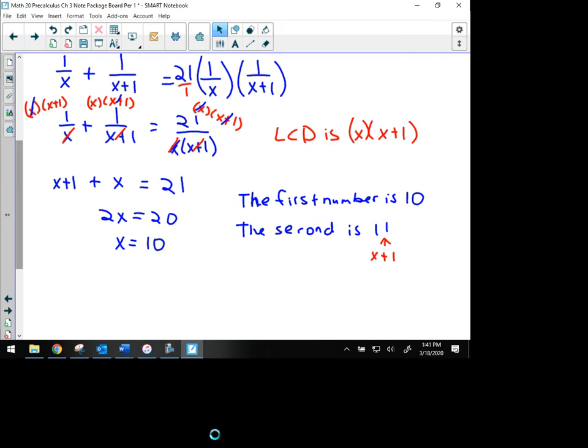So we have our two numbers that answer the question. The first integer is 10, the next consecutive one is 11, because of the x plus 1 idea with consecutive numbers.